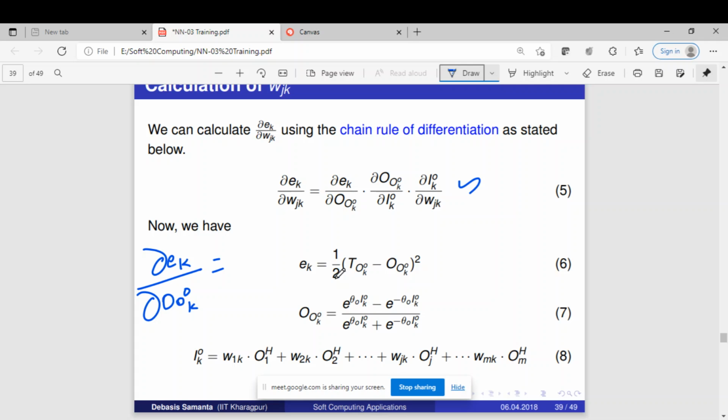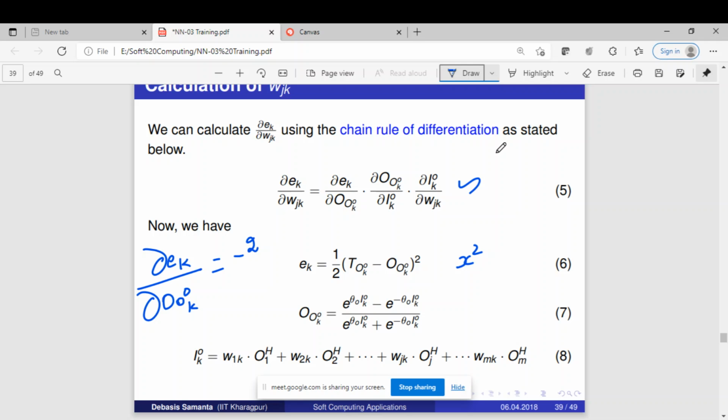This is of the form x square. No, Akhil, I think you are mistaken. See, this entire thing you can treat as x squared.